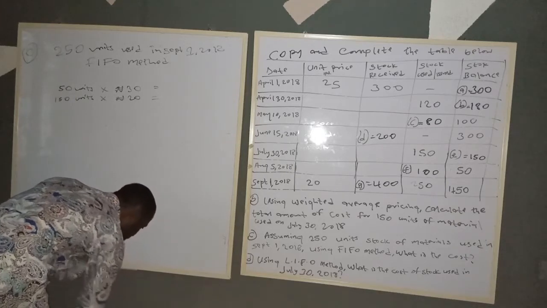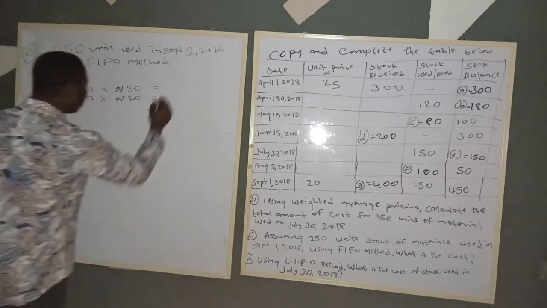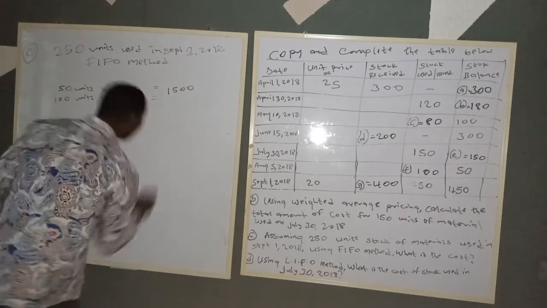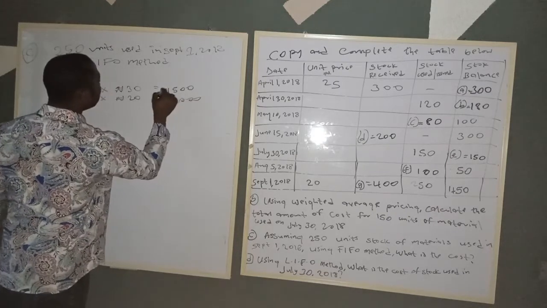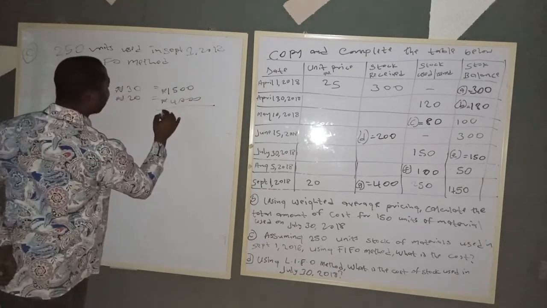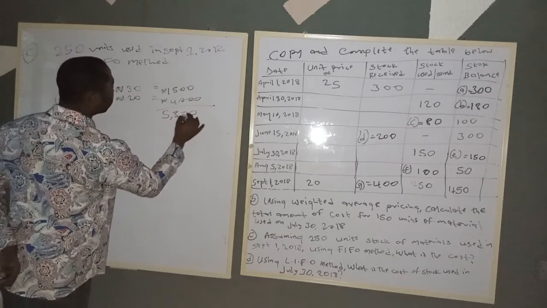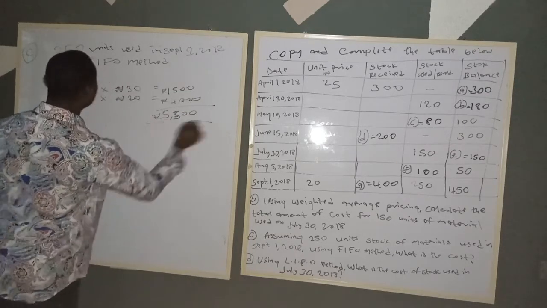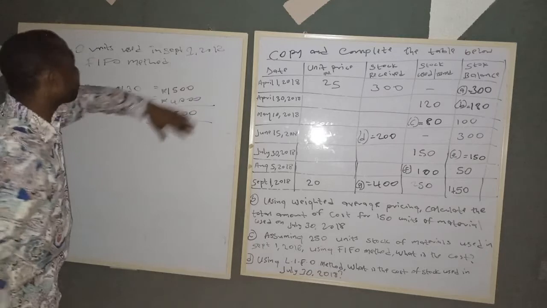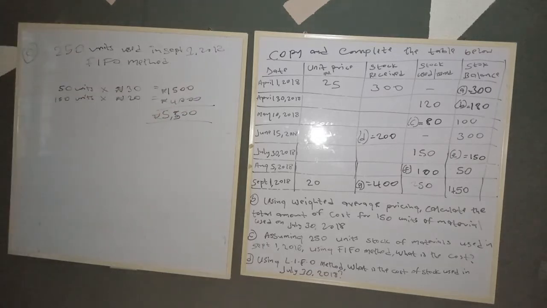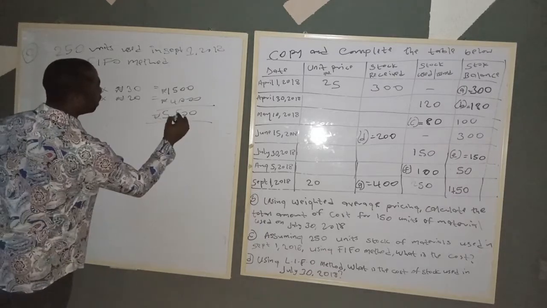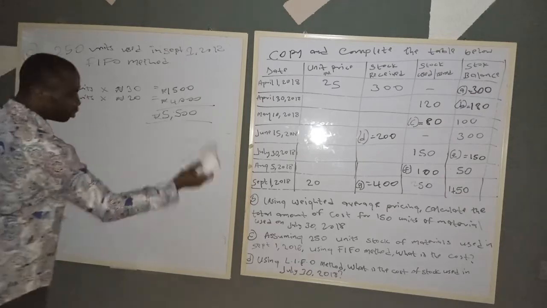We get 1,500 and we get 4,000 here. So when we add everything together, we get 5,500. Therefore, this is the total cost of the 250 units used in September 1st, 2018 using the FIFO method, first in first out, which is 5,500 naira. So we are done with number C.